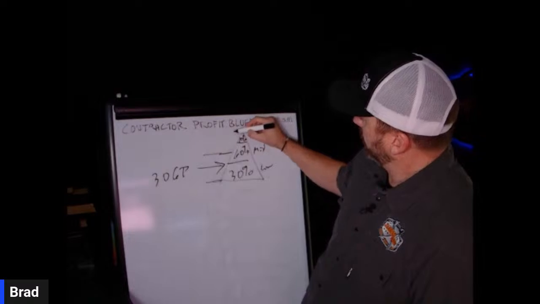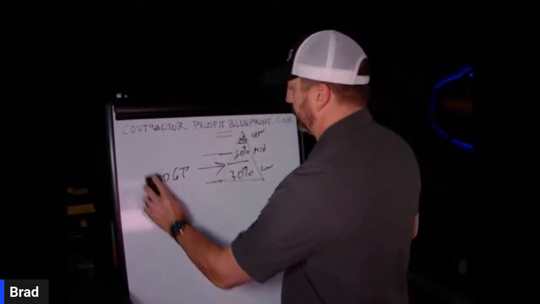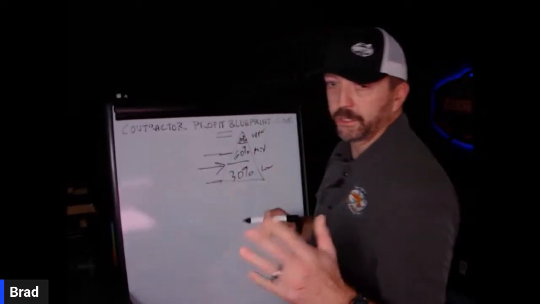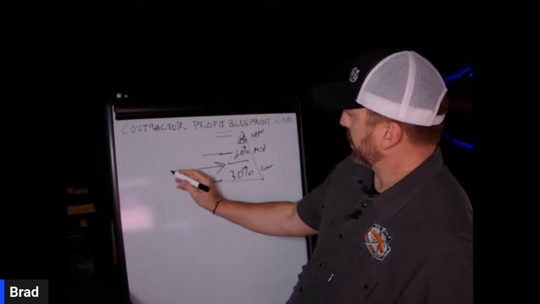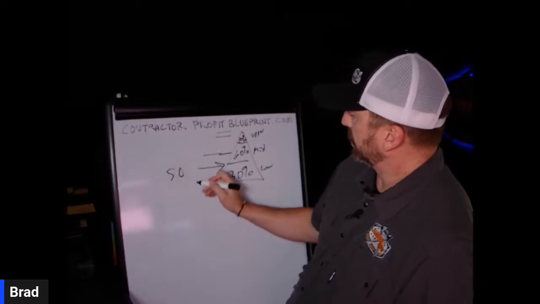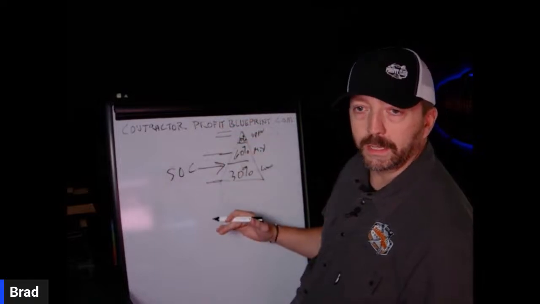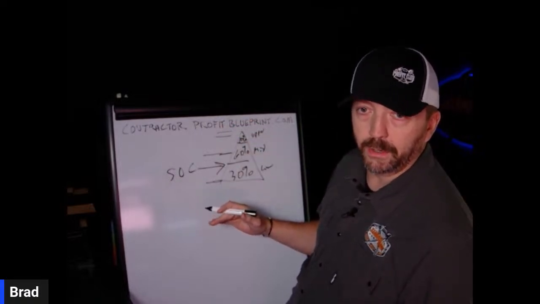If I go up here to the top of the pyramid, let's say in your town there's 50 contractors in this section. There's 50 contractors selling to the middle to low income segment, so you have to be super competitive.